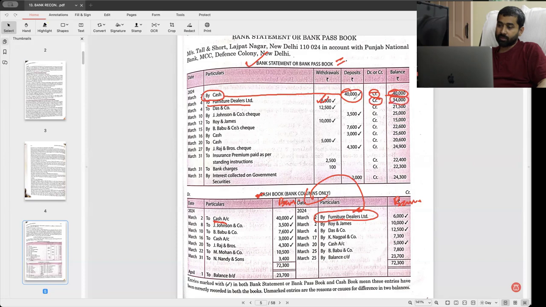Total credit value is 34,000. This withdrawal means in the passbook I have debited. Total credit value was 40,000. After 40,000 I have debited 6,000. So how much money is it now? Total credited value is 34,000. Clear, no? Yes, sir.